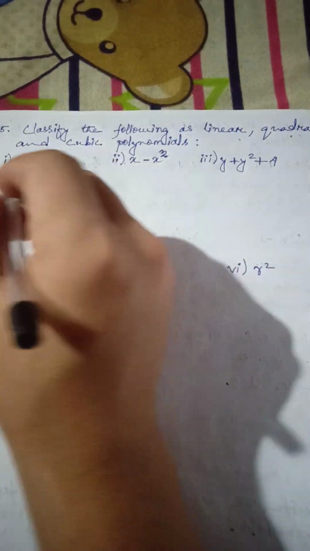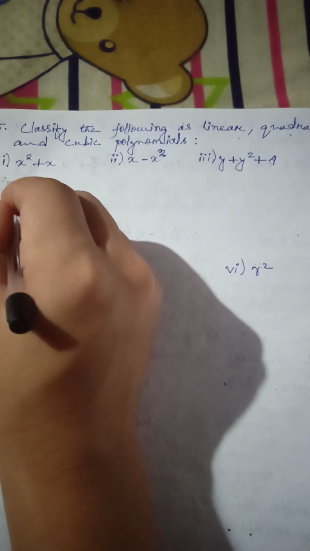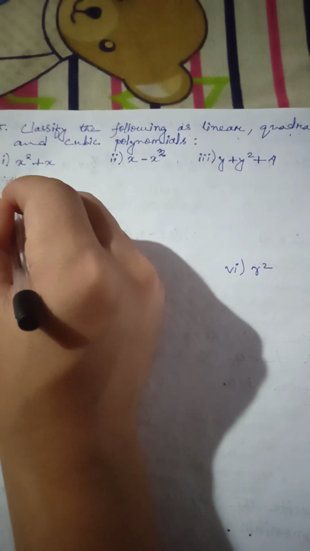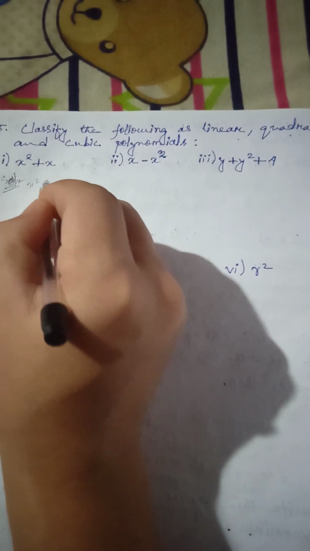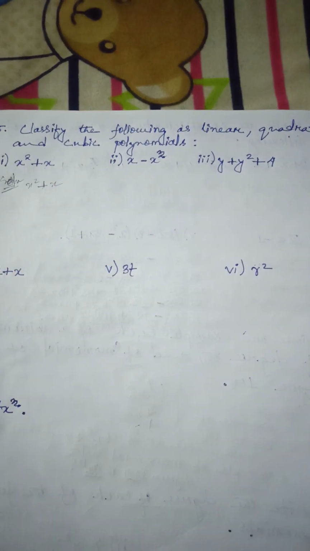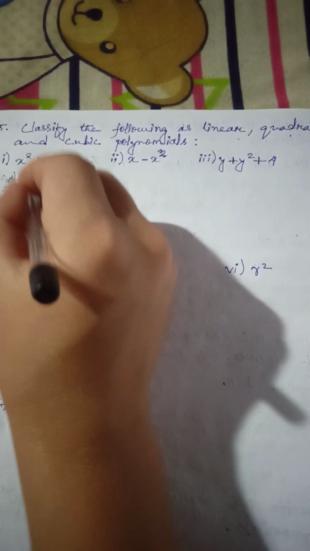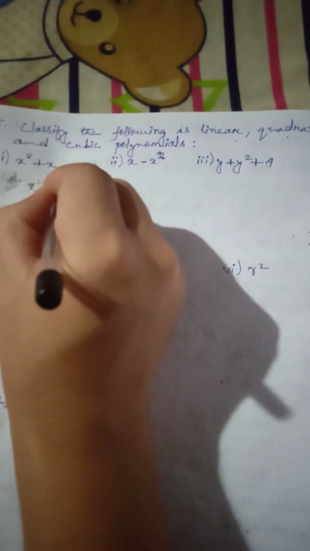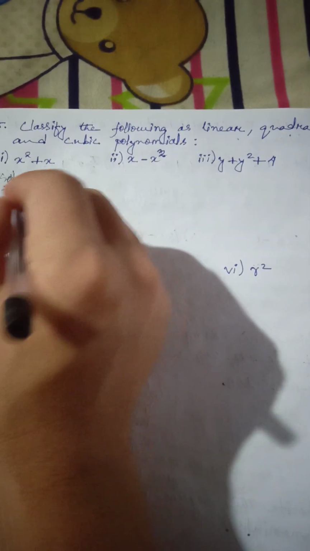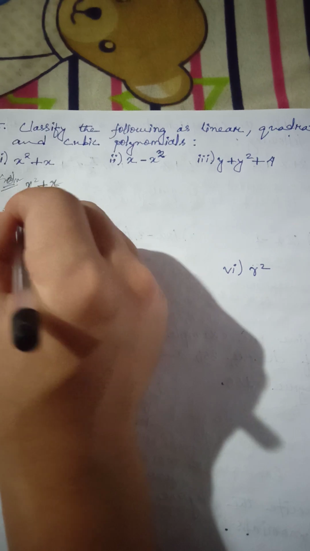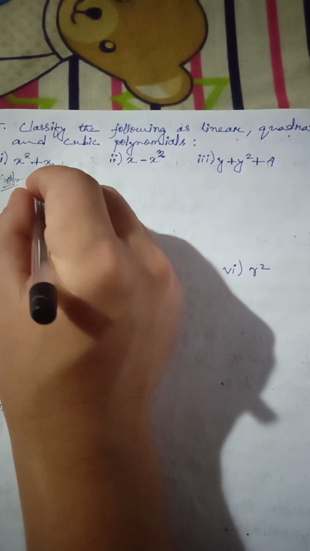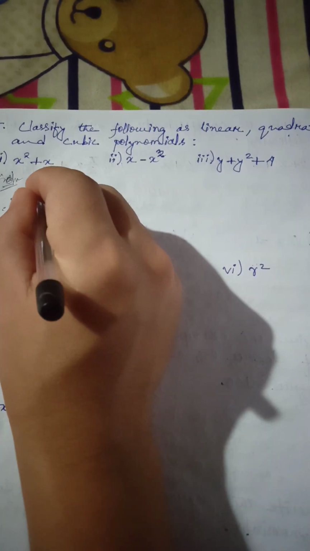In Roman number 1, we have x squared plus x. Here let us check: what is the degree that we have here? Degree is 2. That means the highest power that we have here is 2.